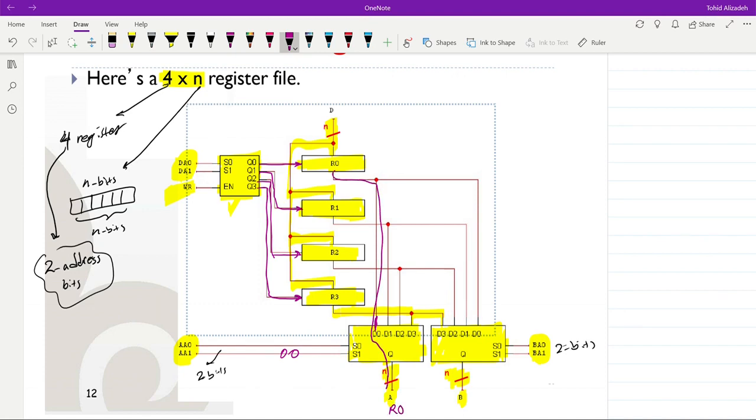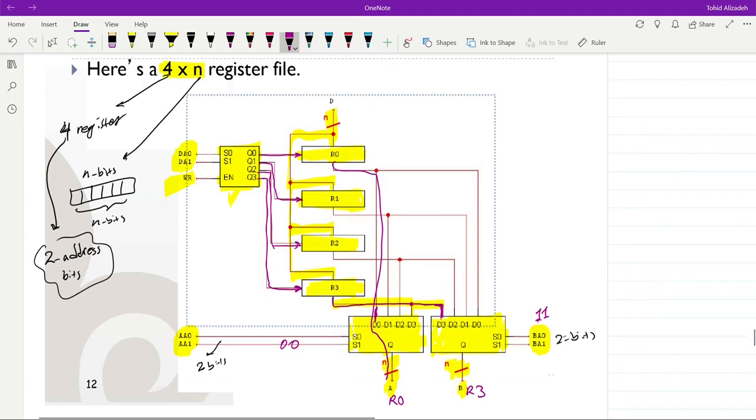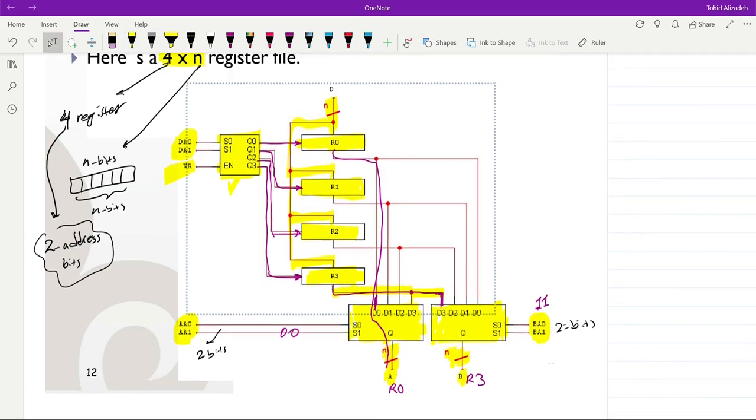So over here we'll have R0, and if we have 1, 1 here for B address, 1, 1 means that the fourth input will be selected, and we will have R3 here. So we can choose which register to be available on the A data and B data.